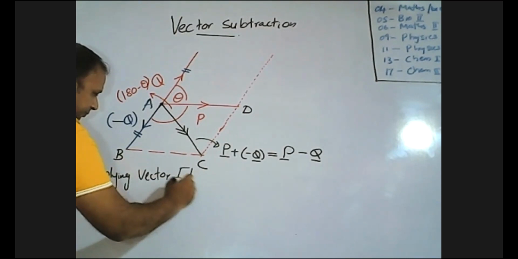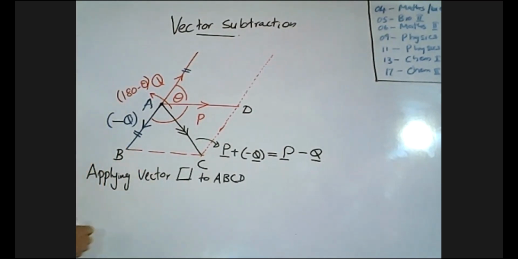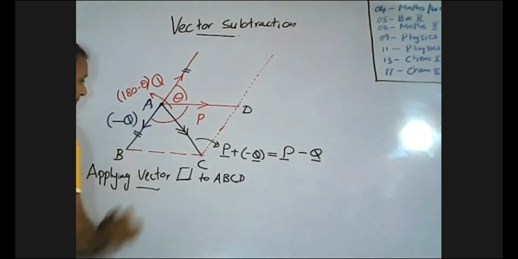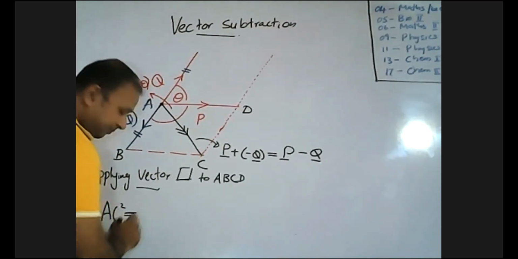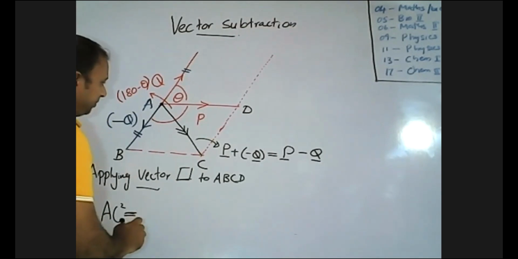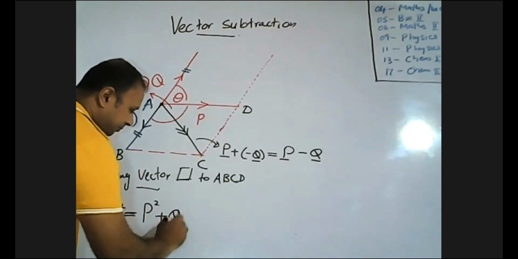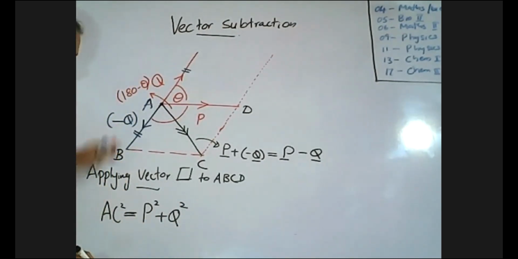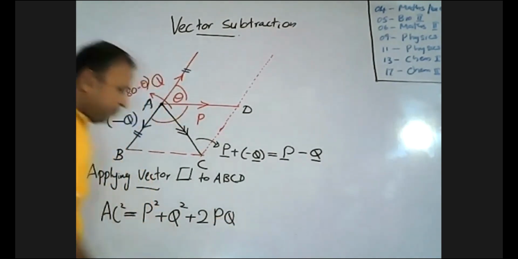I can write AC squared is equal to the square of this one, which means P squared plus Q squared plus 2PQ.